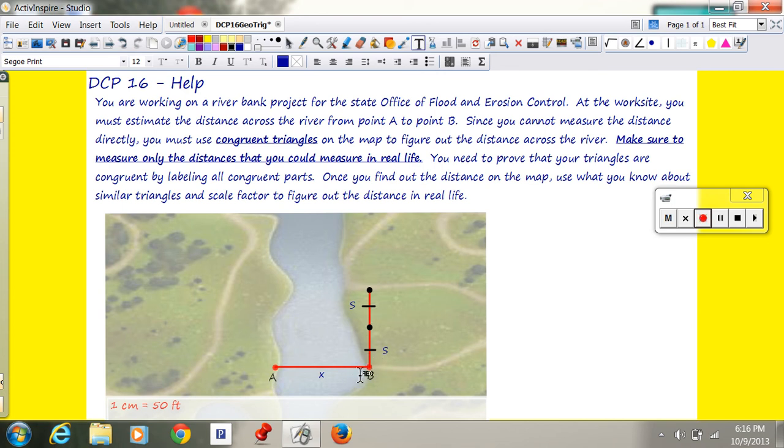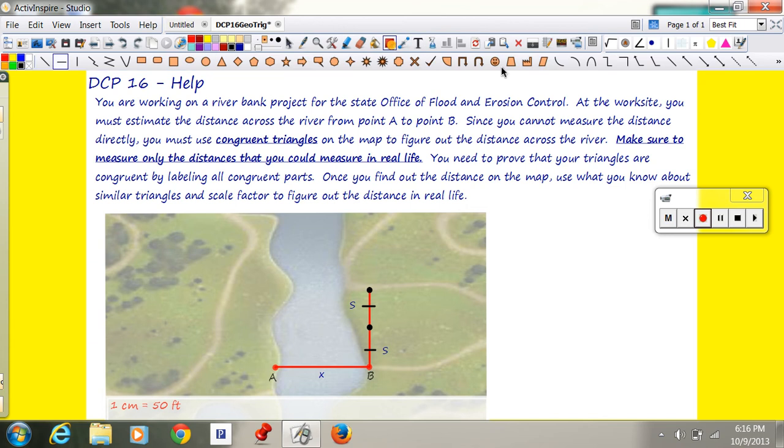You make sure you make a 90-degree angle here. So that's another important thing to put in here, your 90-degree angle mark here to show that you've got a right angle. Now you make another 90-degree angle from this point right here. Another 90-degree angle, and you can extend it as far as you need to.